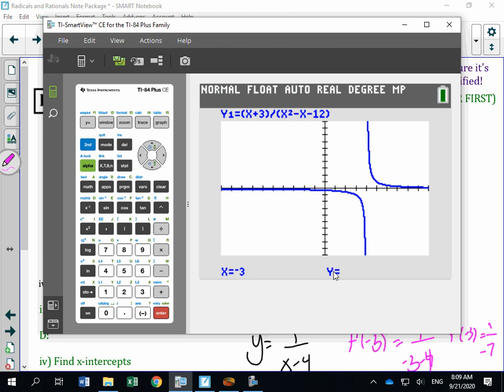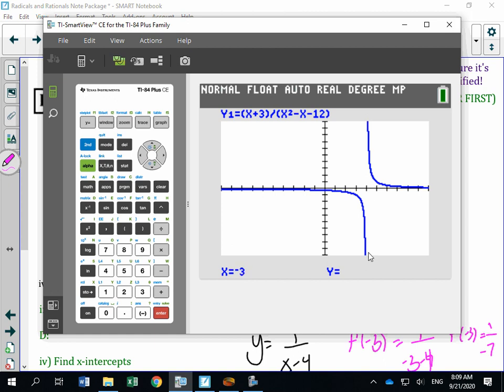Now if we're talking about our domain, how do we do our domain for this? This graph goes to negative infinity over here, and to positive infinity over here. So normally I'd want to say x belongs to the set of real numbers. However, I have to talk about the hole.